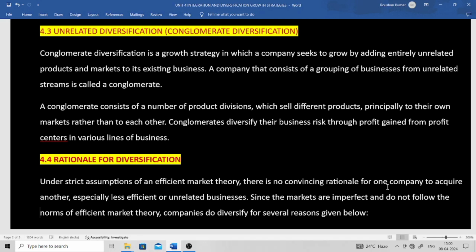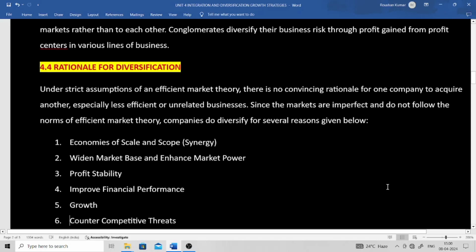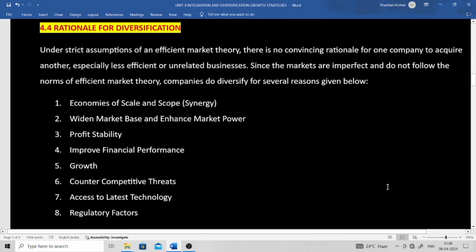Then you have the rationale for diversification. Why should we use diversification?